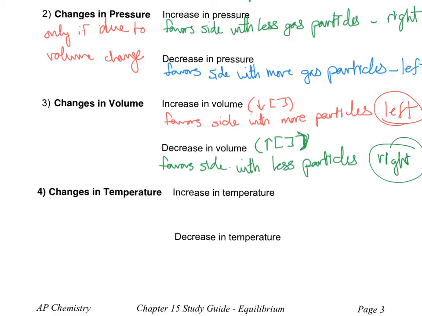Okay, now let's look at temperature. When you change the temperature, you have to decide or figure out whether your reaction is exothermic or endothermic. So with these, it depends on if the reaction is exo or endo.